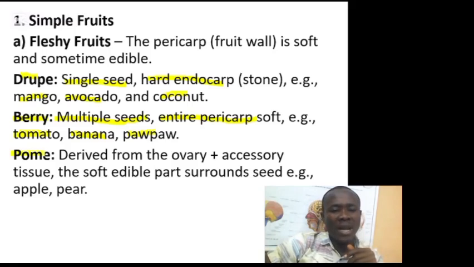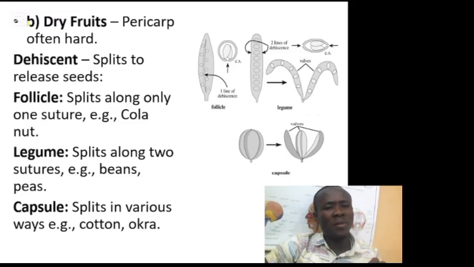The third one we have here is pome. Half part of it is derived from the ovary, and half part of it is derived from the accessory tissue, like the receptacle.